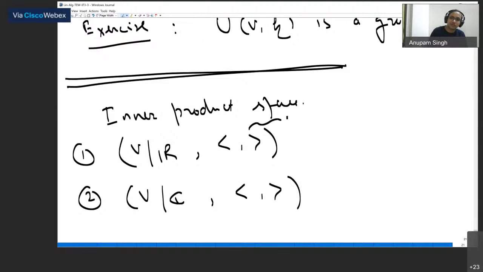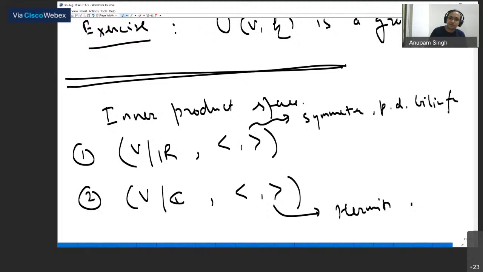So the first is supposed to be coming from a symmetric positive definite bilinear form, and this one is supposed to be a Hermitian, again positive definite, form. Right? So these are the two classic situations we study.